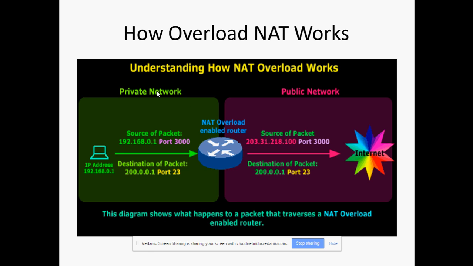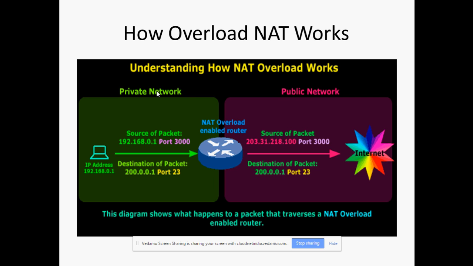And the last version, and a very popular one, which we typically use inside the LAN, is called overload. In overload, all private addresses map to a single public IP address.